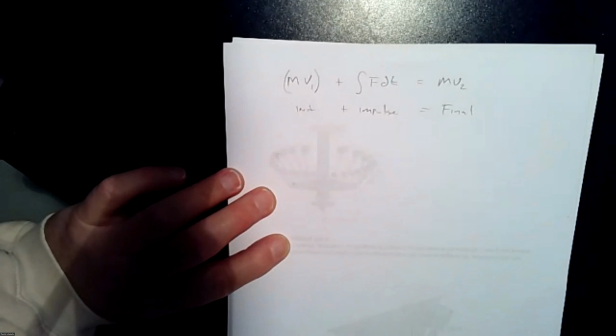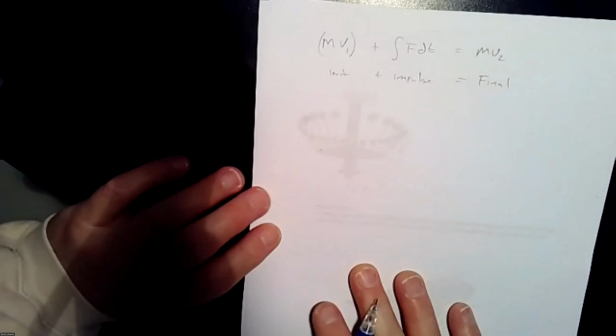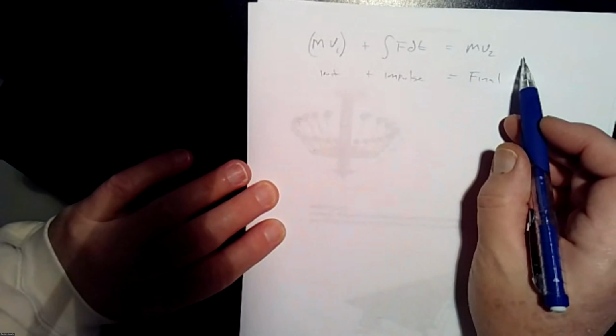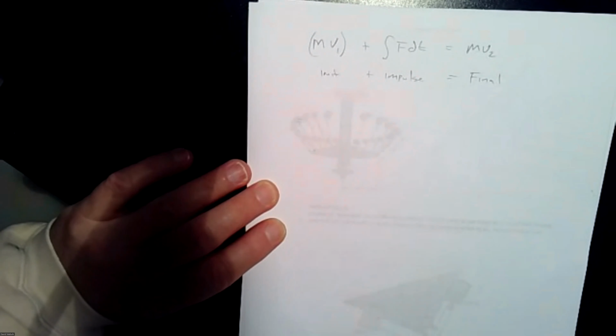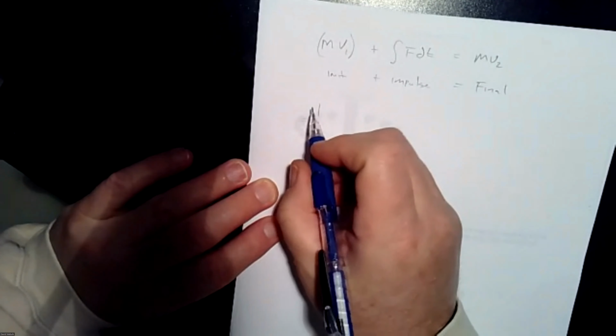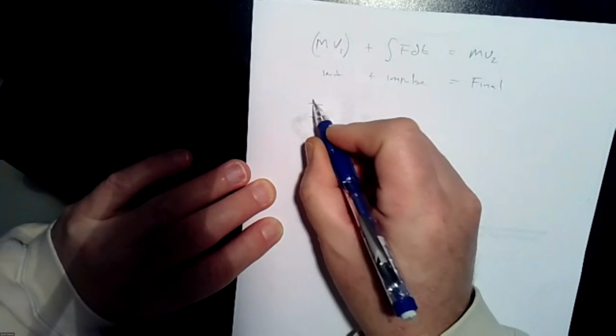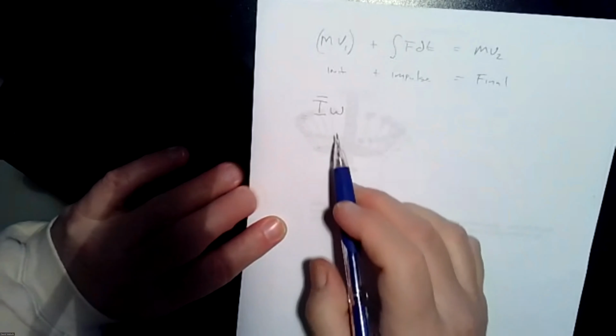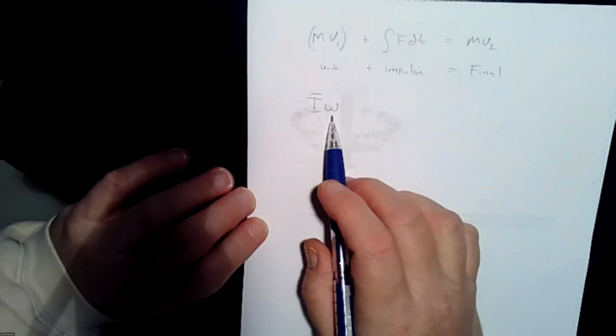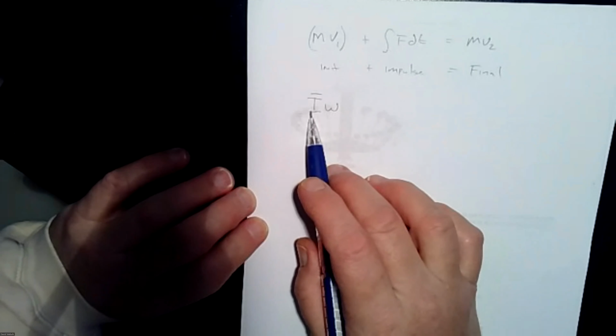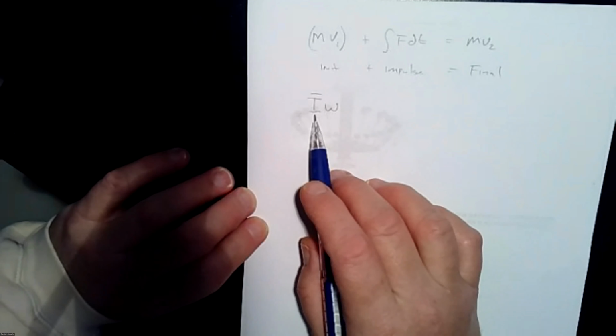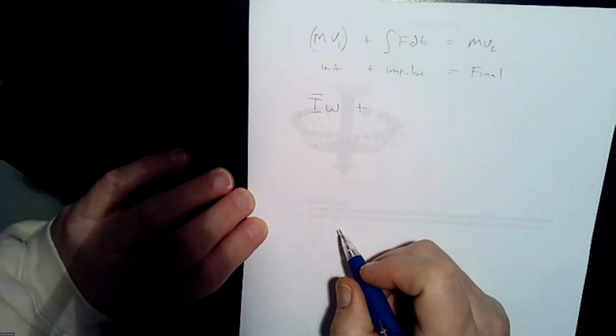But the other thing I wanted to mention is that in addition to this, we also have the I omega. So we may have I bar omega, right? And that's angular momentum, right? Rotation times a moment of inertia. And so what are we going to add to that to increase it or decrease it if we take away?